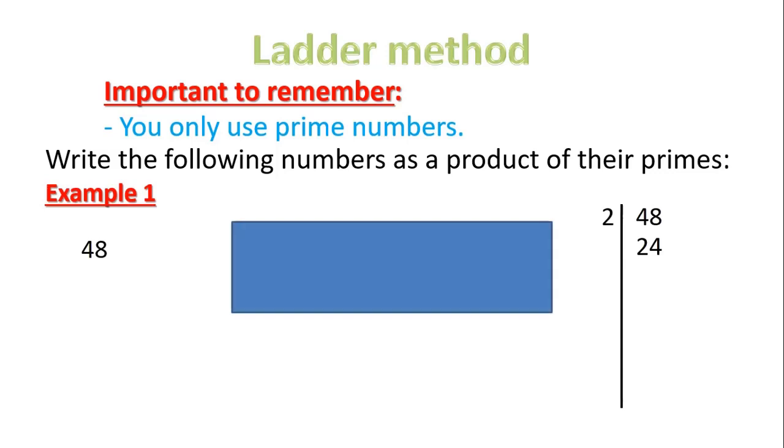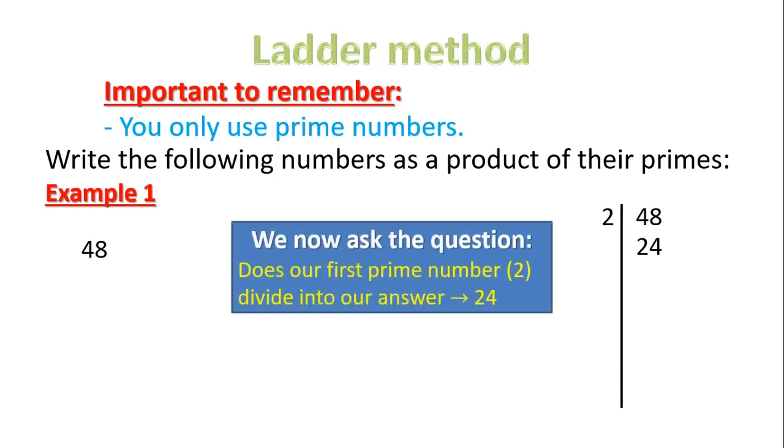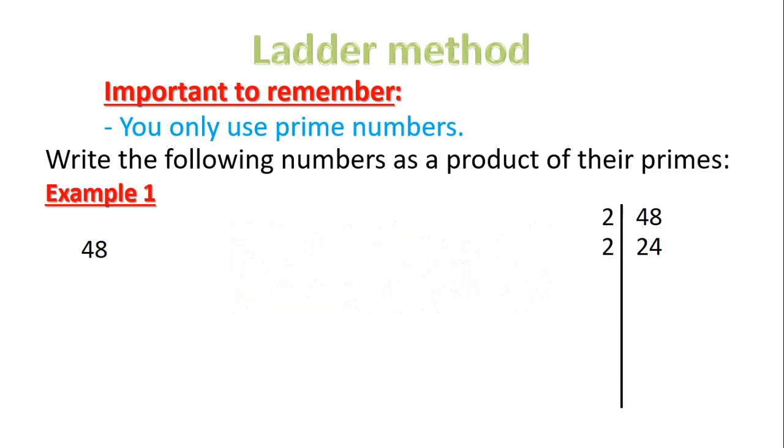Now, we ask the question, does our first prime number 2 that we're working with divide into our answer that we've just got, which is 24? So does 2 divide into 24? Yes, it does. So we write 2 next to the 24 and we do our division. 2 into 24 goes 12 times.